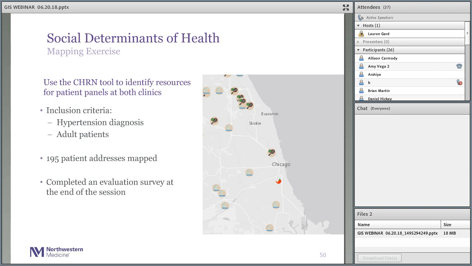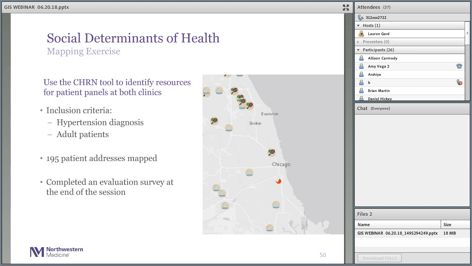We then had them, during one of our protected sessions during the week, go back and retroactively use the tool to enter the addresses of their patients that they knew, to play around with the different menu options for resources, and to try and personalize it to each one of those patients based on the information they had. And really to see, would this have been useful? Had you had this tool available to you at the point of care, would it have helped you change the conversation? Would it have impacted care in any way?